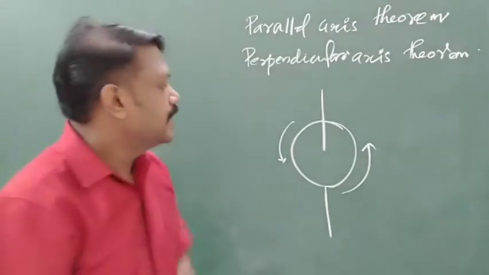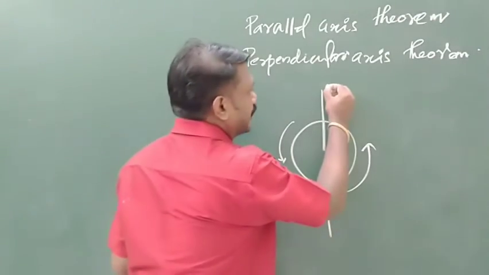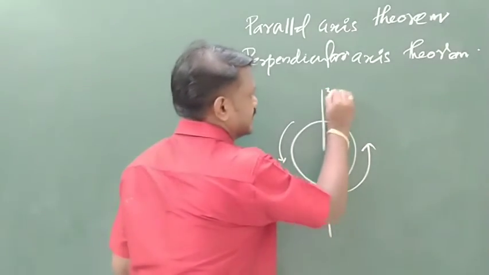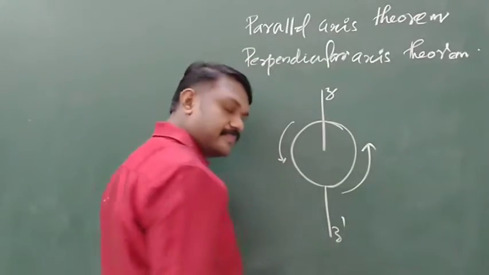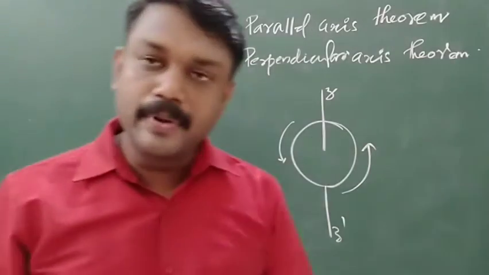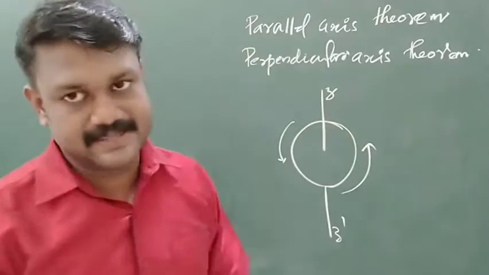Is it clear? Now suppose this axis is z dash, and you have to find out the moment of inertia about this axis.